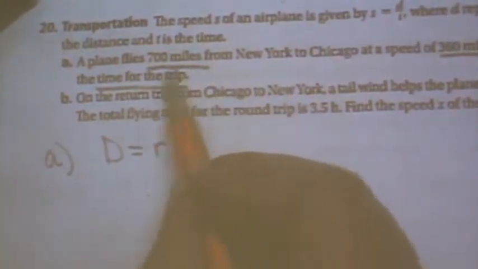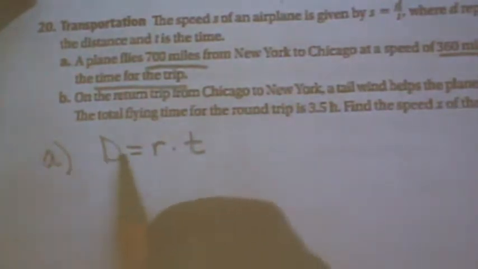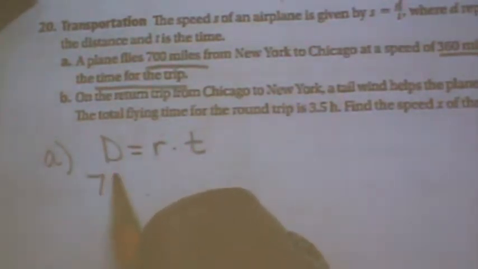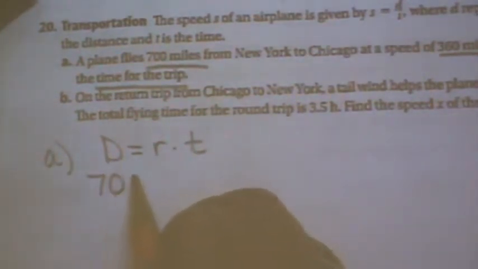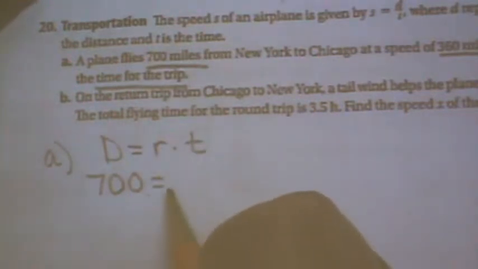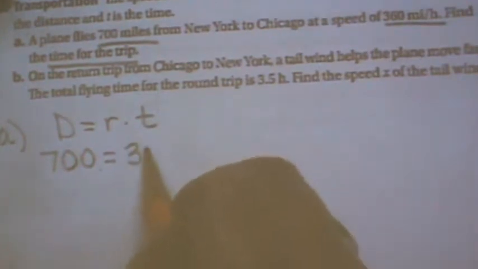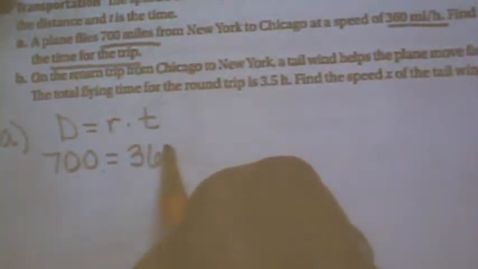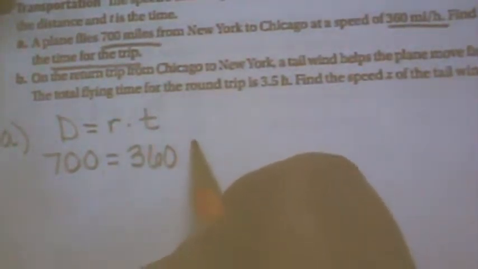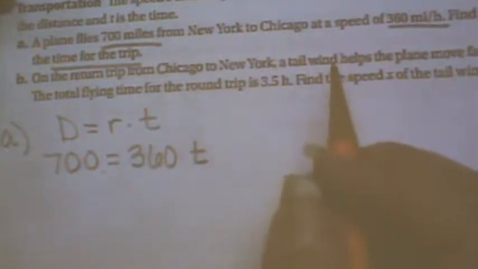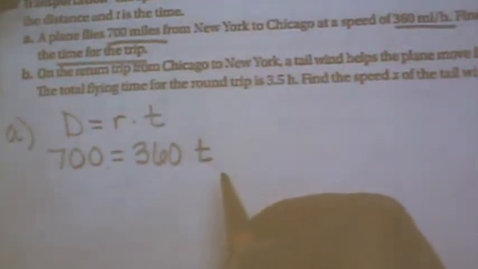So where would 700 go? Rate. 700 miles? Oh, wait, distance. That's your distance. The rate, what is the rate? 360. And it says find the time, so what's our variable? T. So what are you gonna do? Divide by 360.